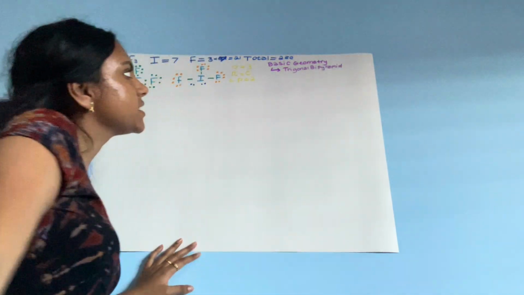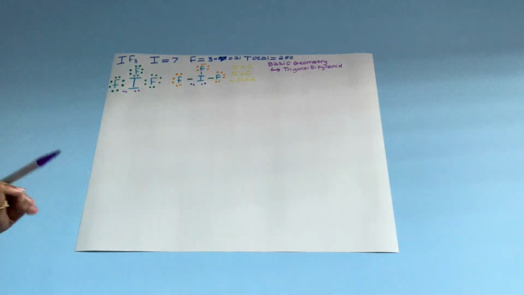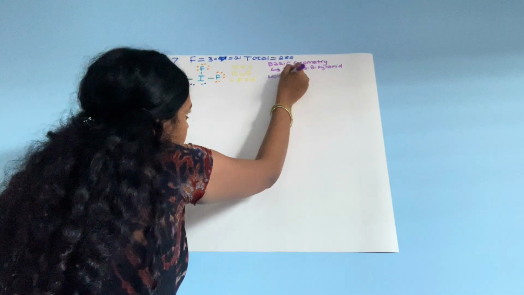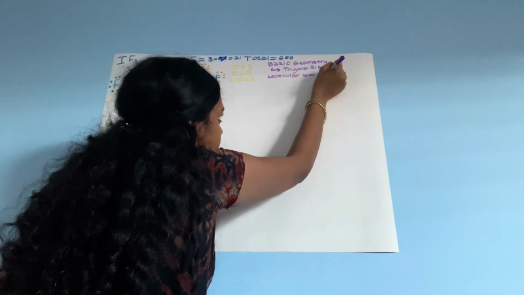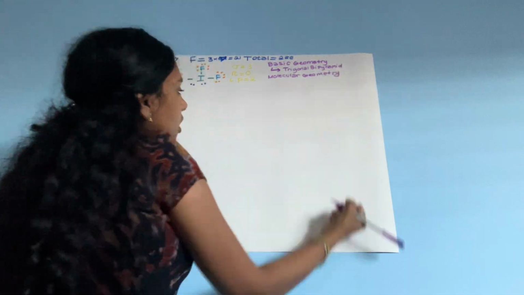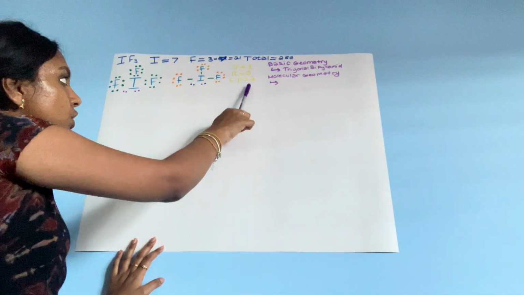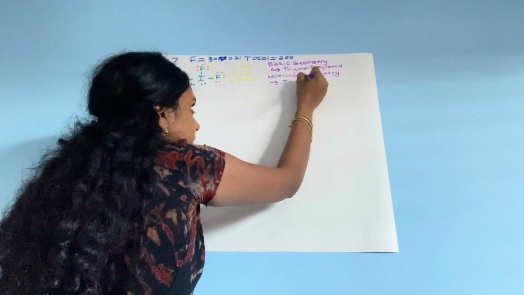So our basic geometry is trigonal bipyramid. And next we're going to be looking at our molecular geometry. Our molecular geometry is T-shaped since we have two lone pairs. So let me write T-shape.